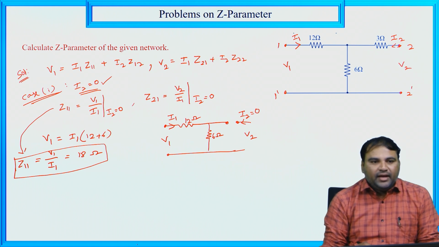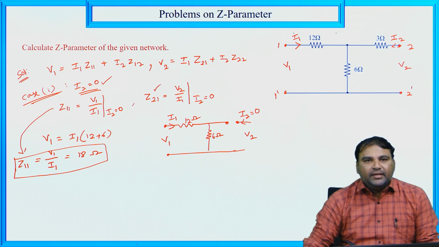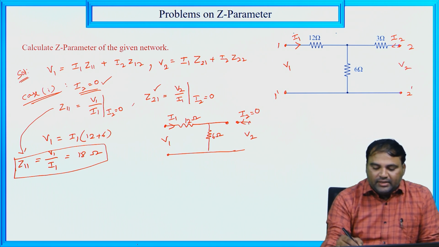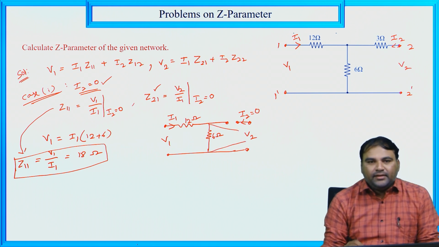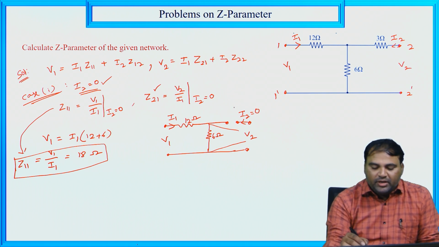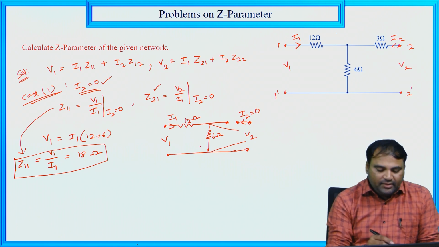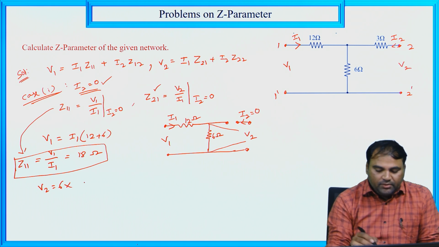Now we need to calculate Z21. So Z21 is equal to V2 divided by I1. V2 means the secondary voltage, that is the voltage drop across the 6 ohm resistor. Here there is no element, so the 12 ohm and 6 ohm are connected in series. Series means the current is constant, so in this branch also the current is I1.